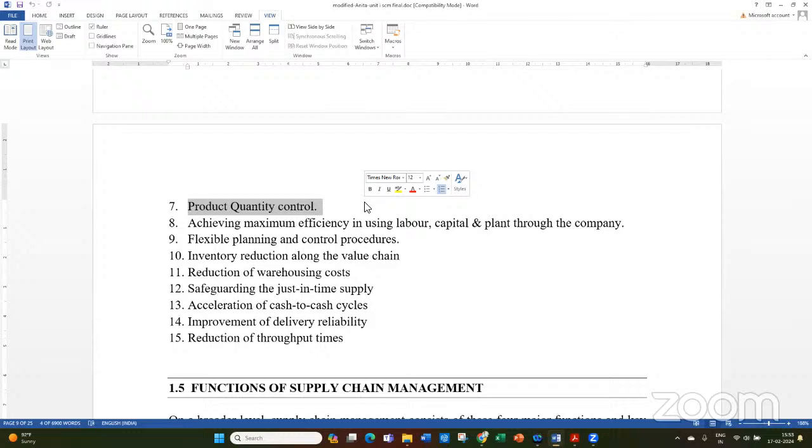And if the demand is heavily increasing, the company will increase their capacity. If not, there will be problems.